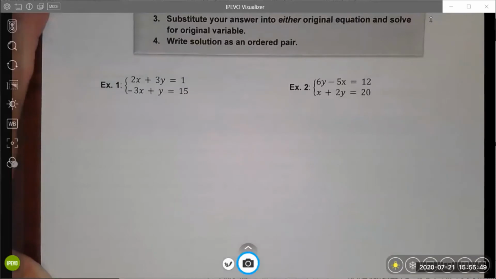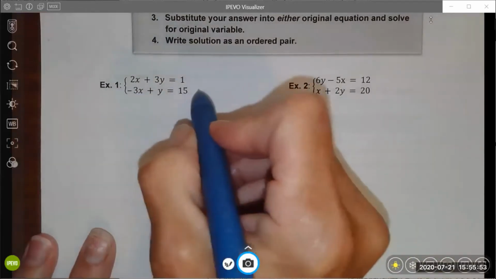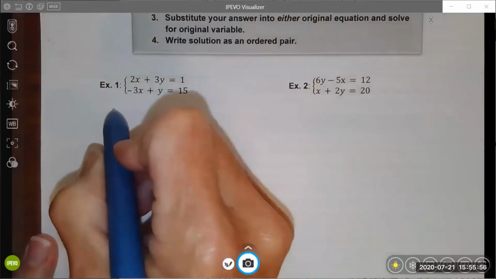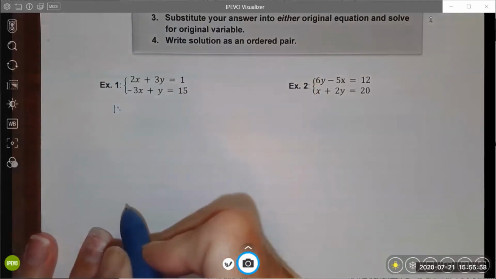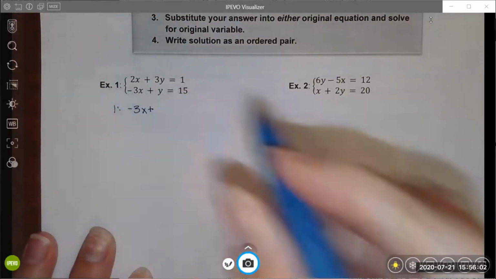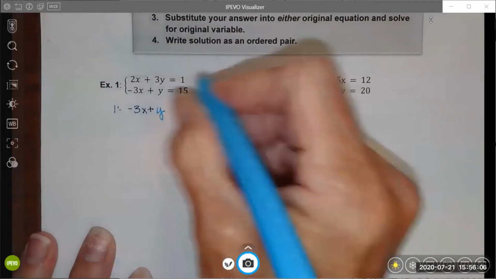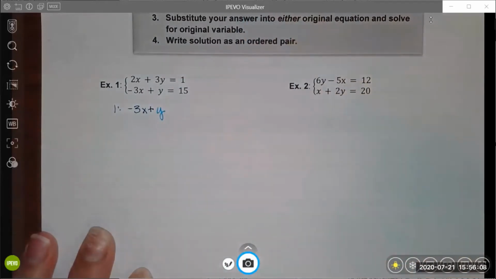All right, I'm going to look at example 1. Example 1, I'm going to start with the second equation, and I'm going to solve for y. So I start off with negative 3x plus y equals 15, and I'm going to make this a different color just so we can see. It matches the color up above in the instructions.